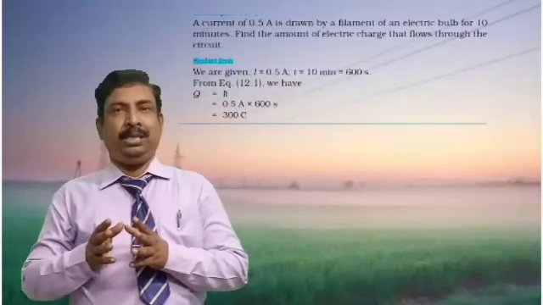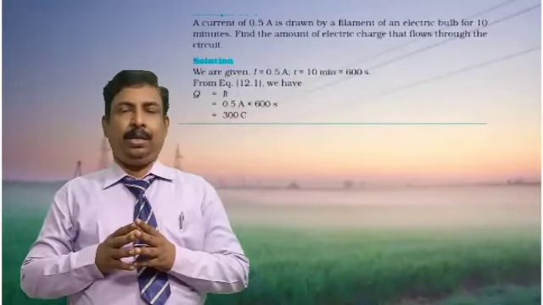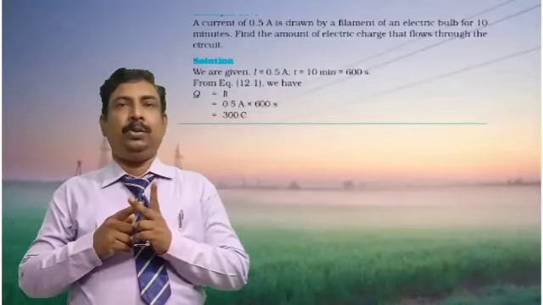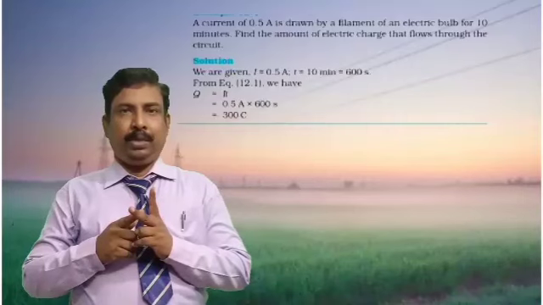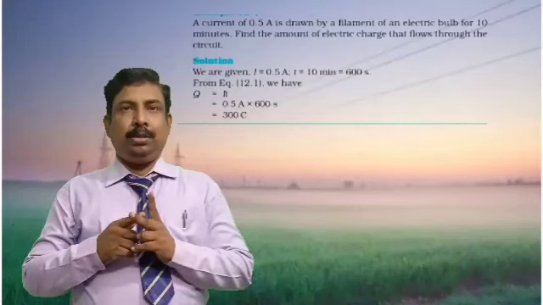So 10 into 60, you will get 600 seconds. Now the current value is 0.5 into 600. How much did we get? 300.